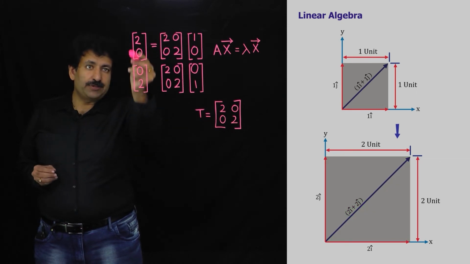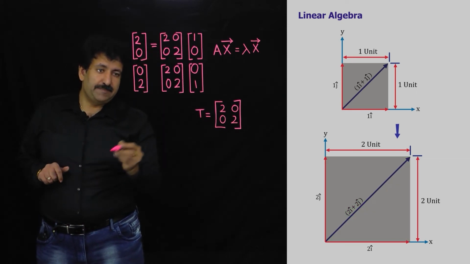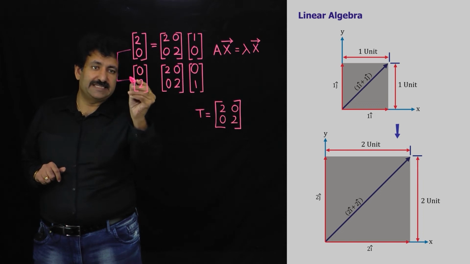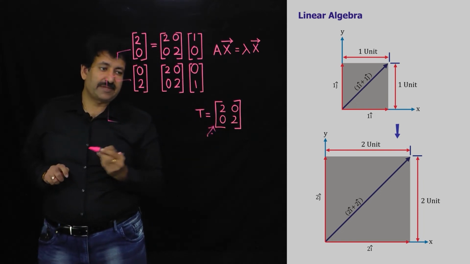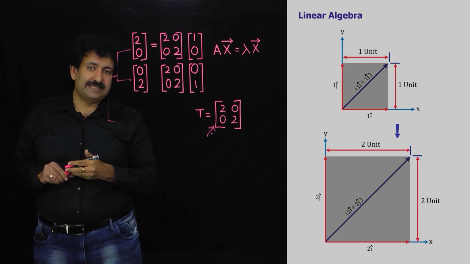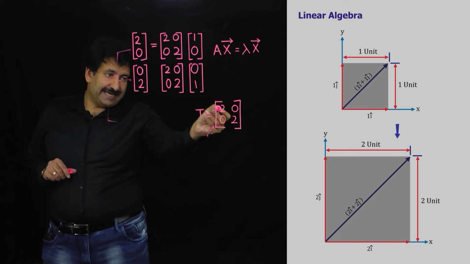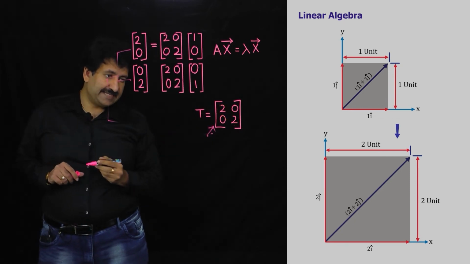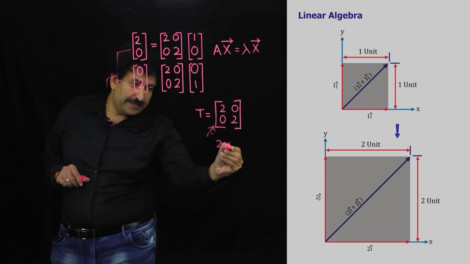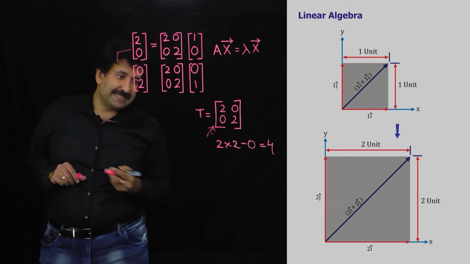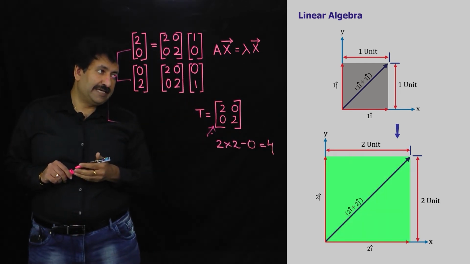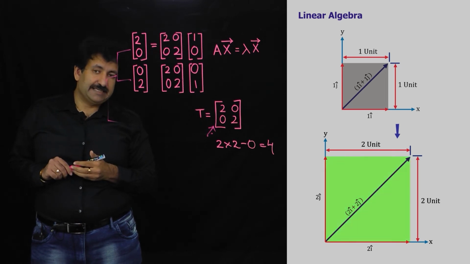And if I put these vectors into matrix form, I would be getting back to this particular transformation matrix. And if you observe that the determinant of this particular matrix, which is nothing but 2 into 2 minus 0, which is 4, is nothing but the area of that particular square.